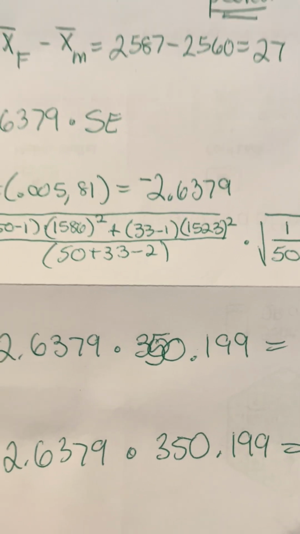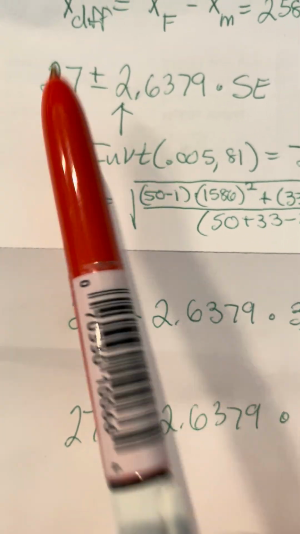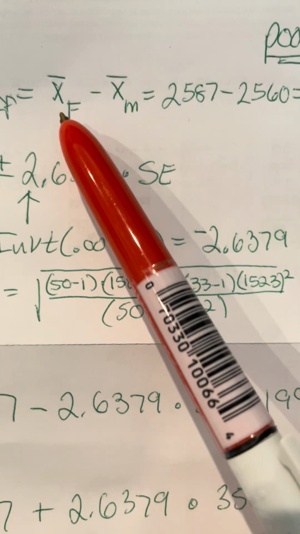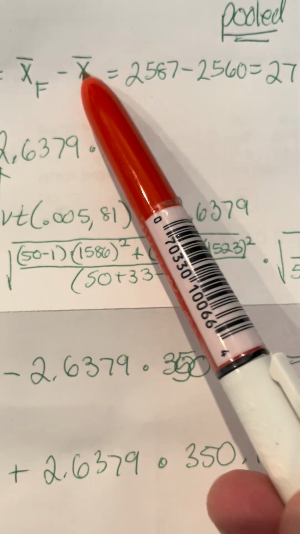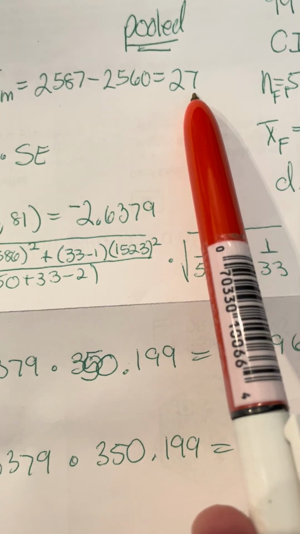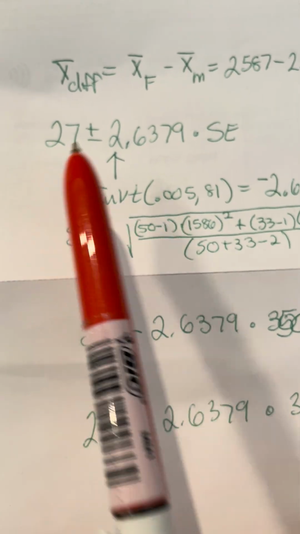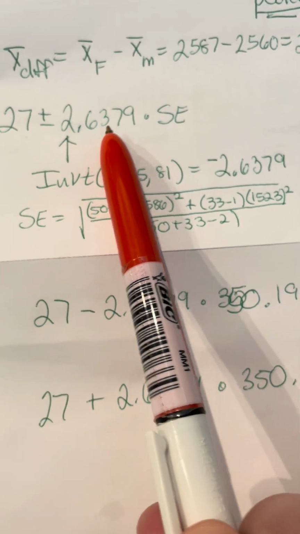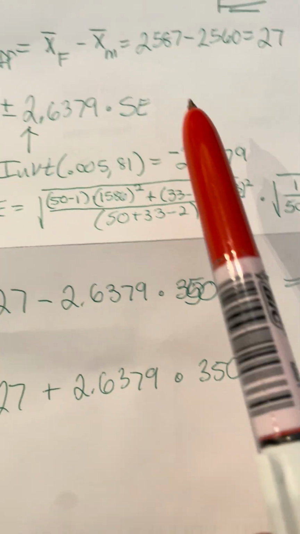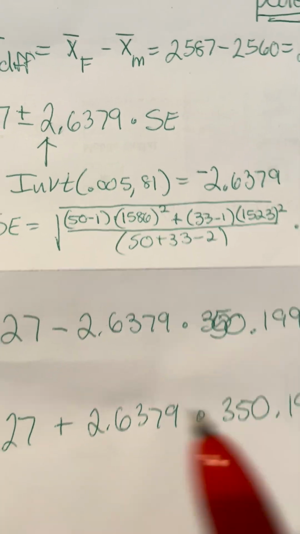We have our difference in means coming from taking the mean from the females minus the mean from the males, and we get 27 as the value. Now notice it is positive. So we have 27 plus or minus the 2.6379. There's our multiplier. Now we have to compute the standard error, and that's no small feat.